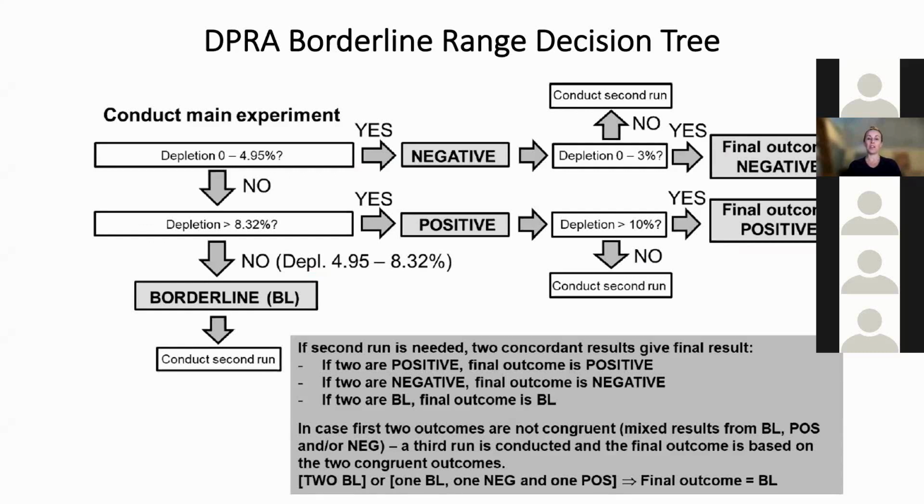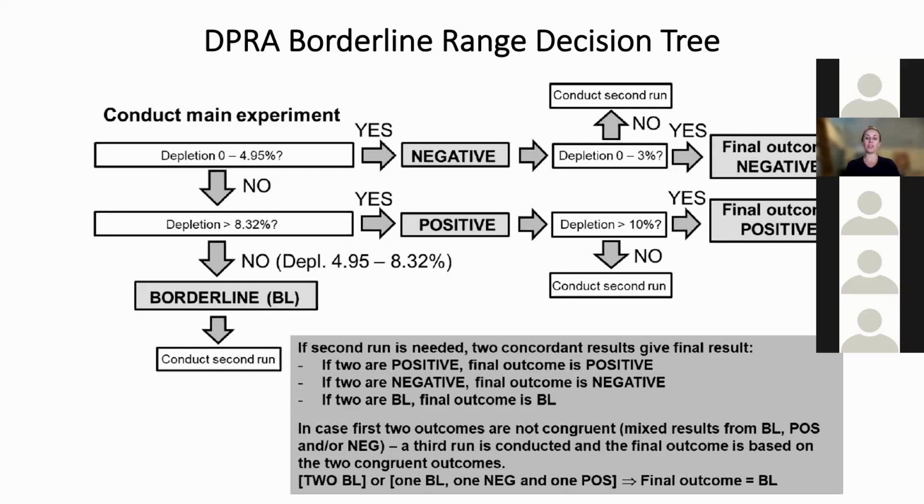So here, the original threshold for classification was 6.38% mean depletion. And then there was a statistically derived borderline range around that threshold, so between 4.95 and 8.32%. And so if you have depletion within that borderline range, then you need to follow this flow chart and you need to conduct a second run.